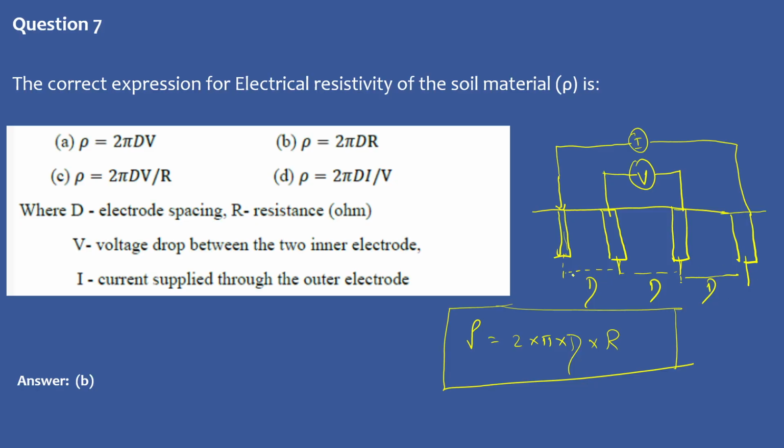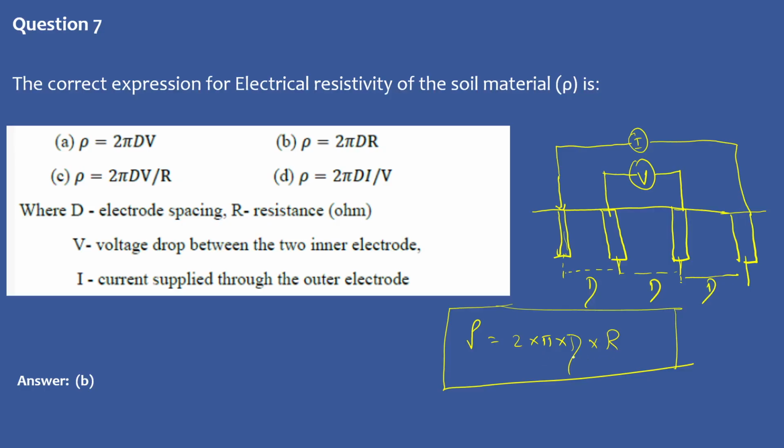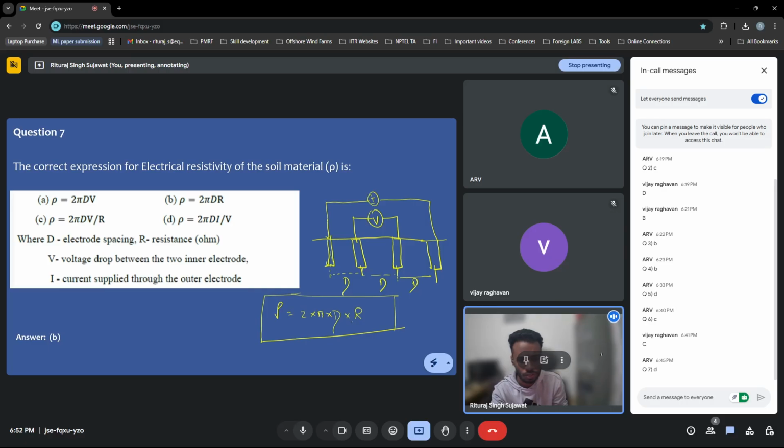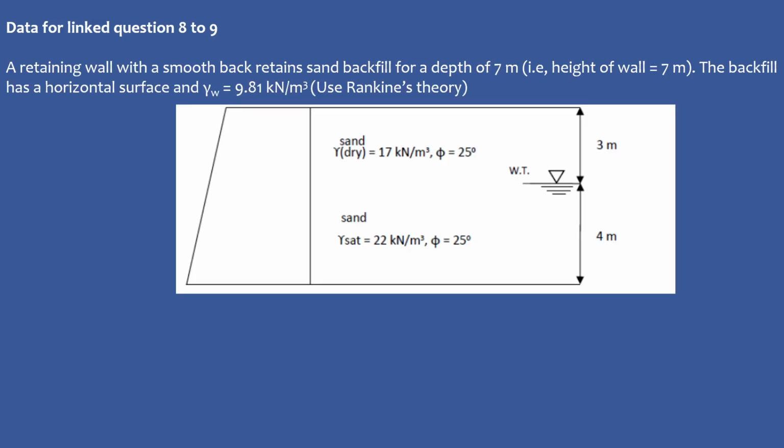Due to that there is a potential drop between the two electrodes, and this potential drop helps us analyze the resistivity of the soil, which is given by 2 pi d into r, where d is the spacing of the electrodes and r is the resistance of the soil medium. Then we can go to the next question.